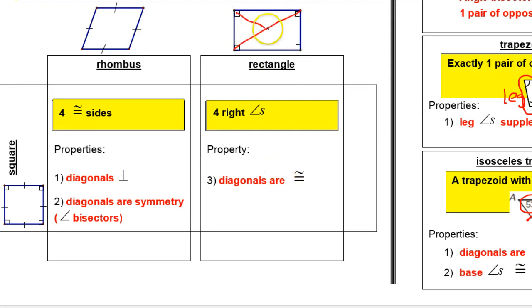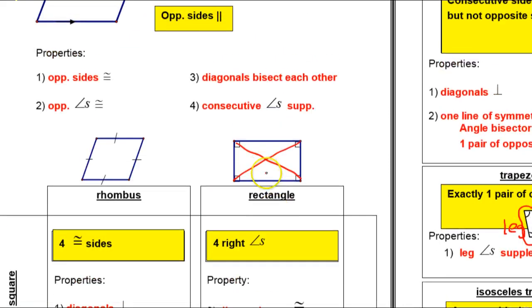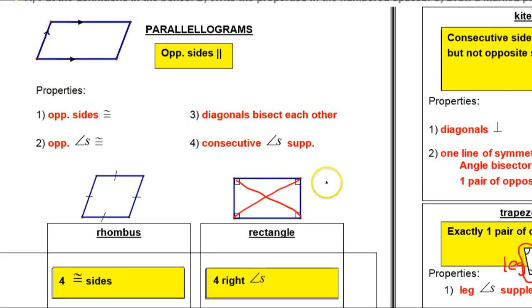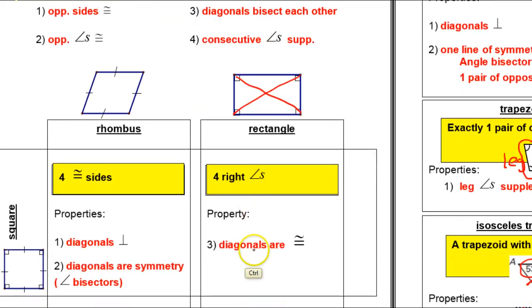So this and this are congruent. So that's really 7 things I know about a rectangle: the 5 things that come from being a parallelogram, plus the definition, plus the special property.